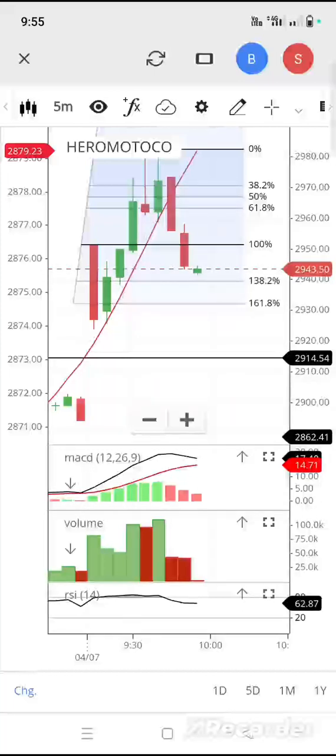So this is around 2944. It opened at 2955, so it's trading now at 2945. So we'll see if any potential opportunity comes, we can go for the trade.